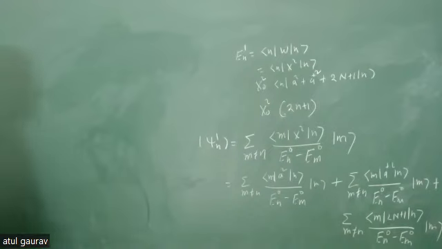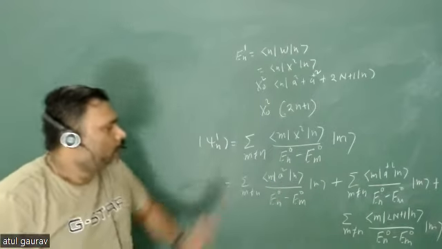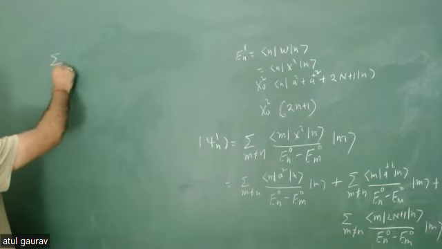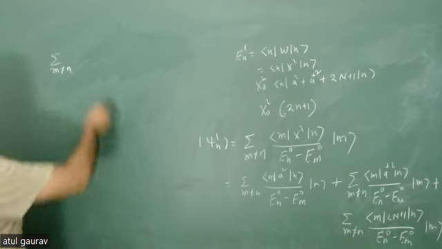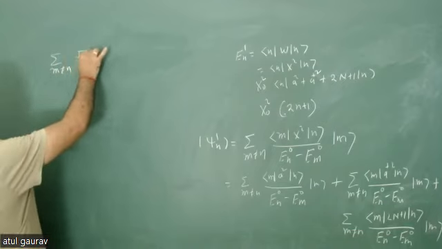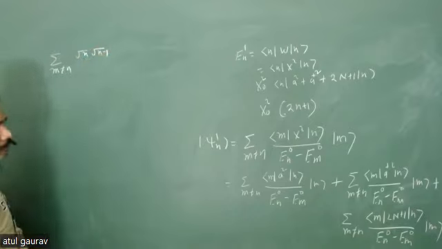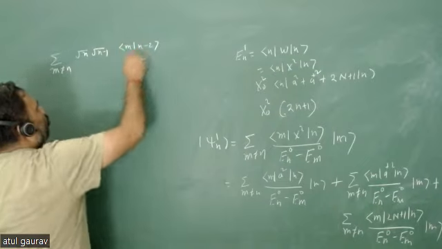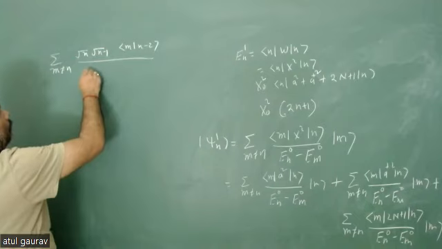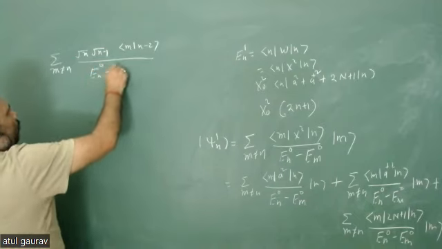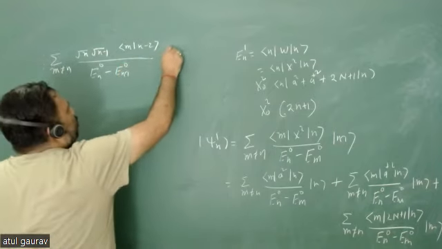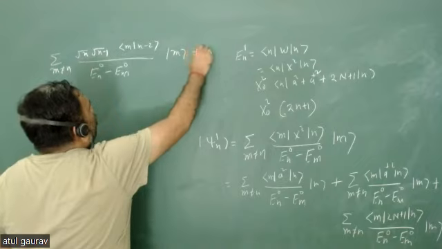So what are we going to do? A squared will go up to this. What will you have? Summation over m not equal to n, you will have root n times root n minus 1, isn't it? And then <m|n minus 2>, and here you have E_n^(0) minus E_m^(0), times |m>.